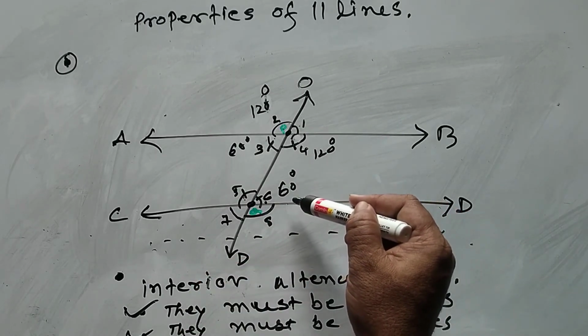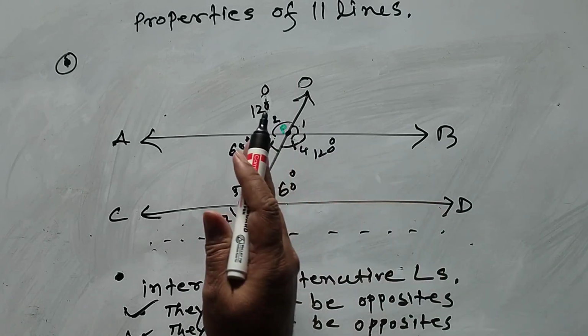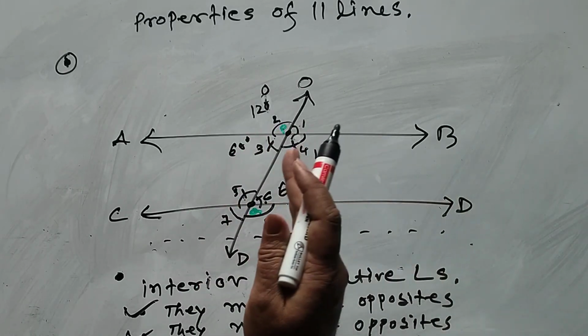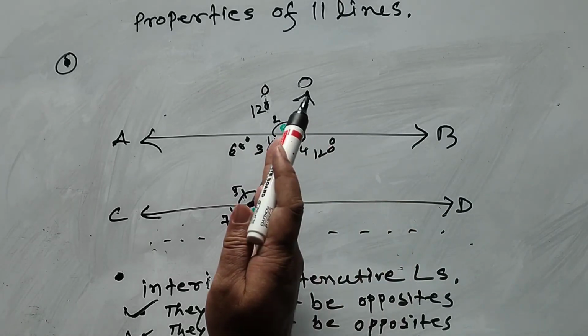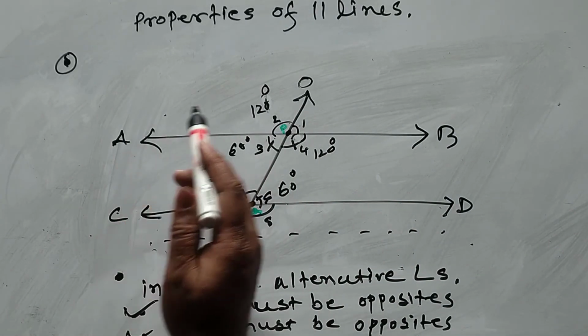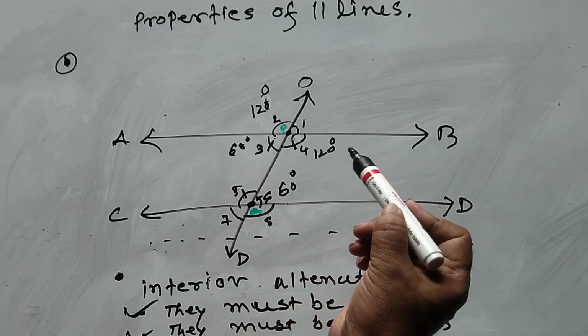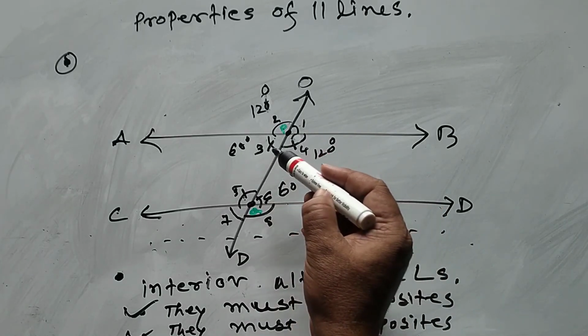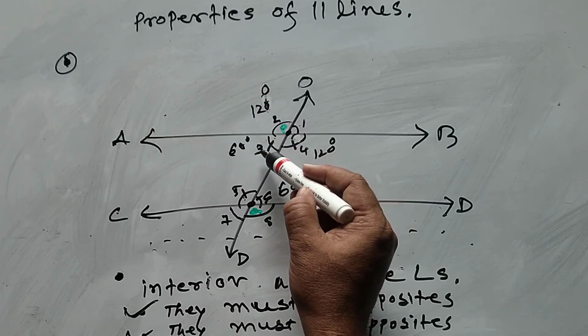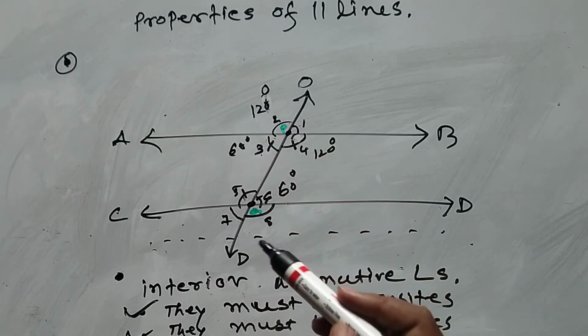If you take the right hand side, the co-interior angles are 4 and 6. If you take the left hand side of the transversal, then co-interior angles or consecutive angles are 3 and 5.